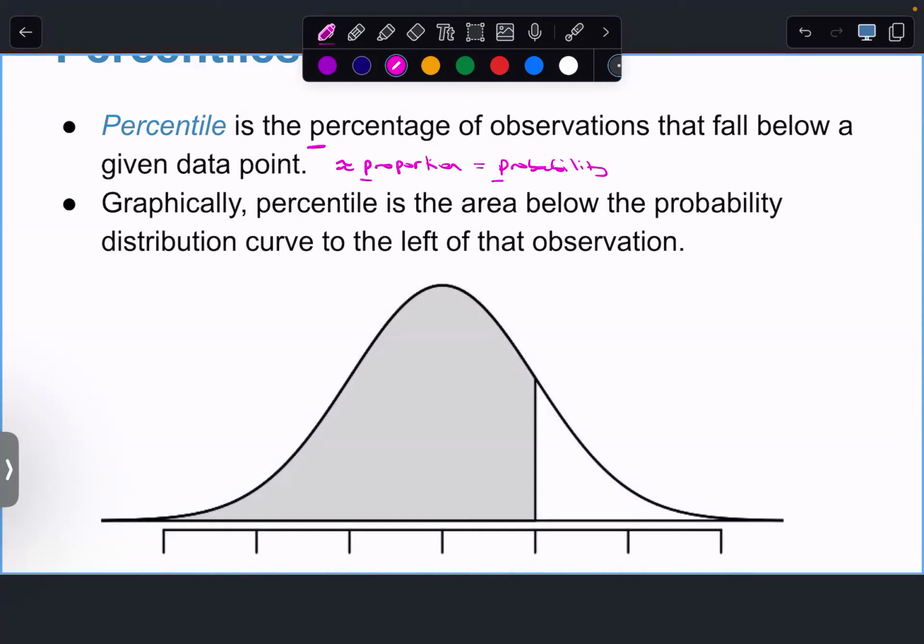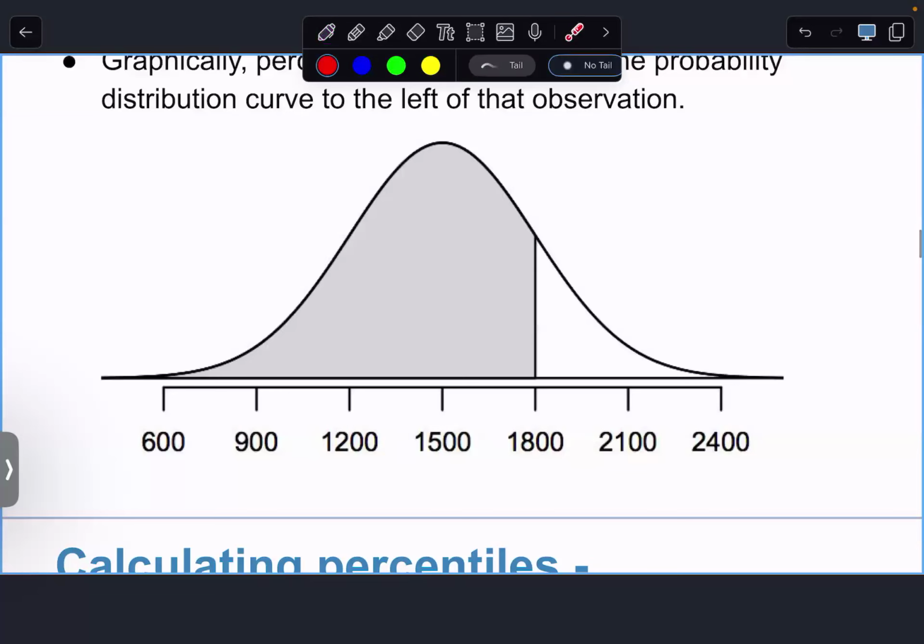So if I know that the area under the curve is a probability, well, then it's also some percentage of the population that satisfies some criteria or some proportion of the population that satisfies some criteria. In this case, this shaded area is the proportion or the probability of having a score of up to and including 1800 on the SATs, I think.